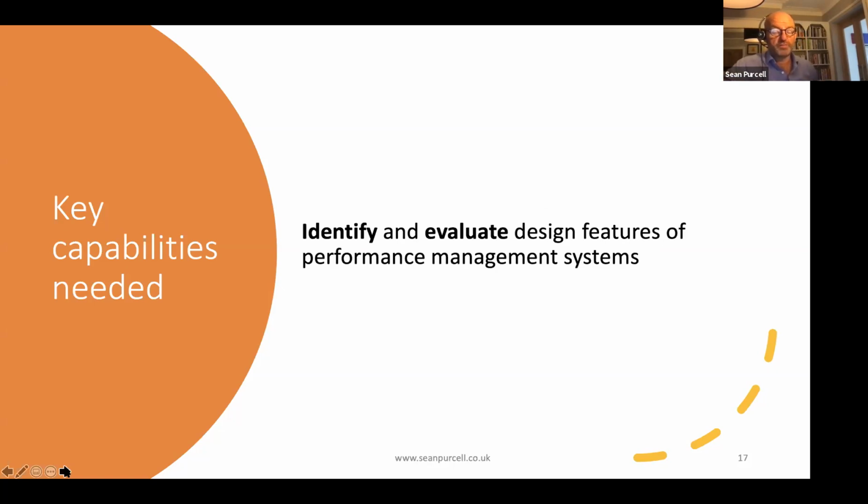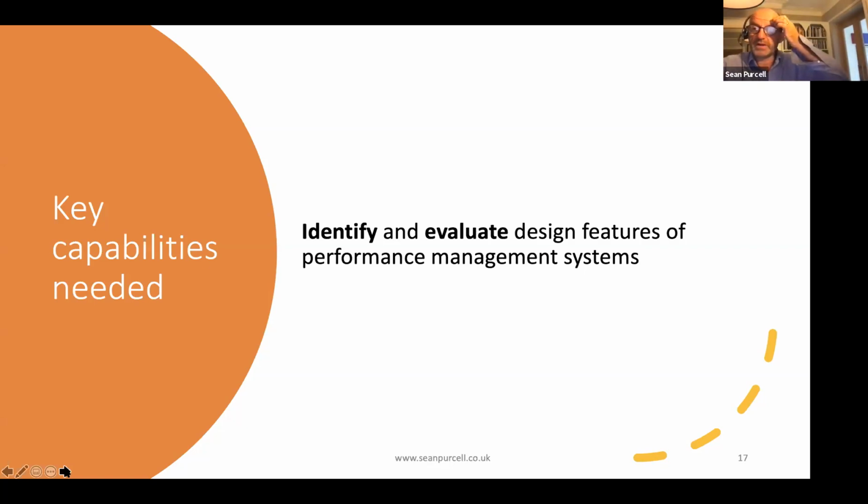What does a good performance management system look like? You're not going to have a good knowledge of coding and hardware and software, but you should have a good overview. And if you've read those articles I've recommended, I think you'll be okay.